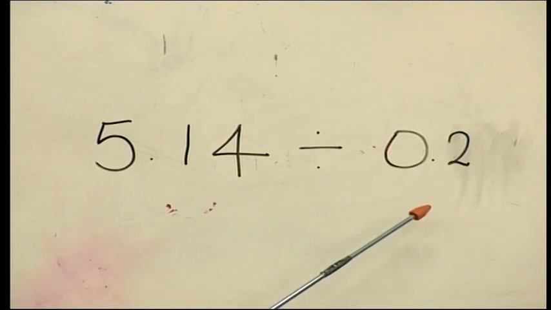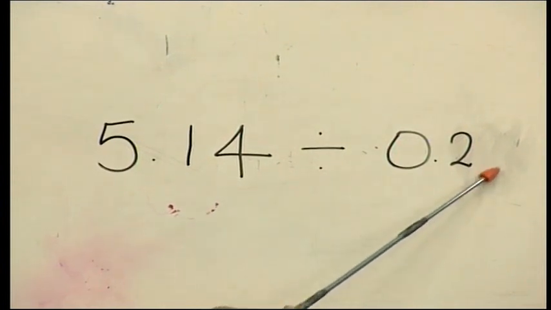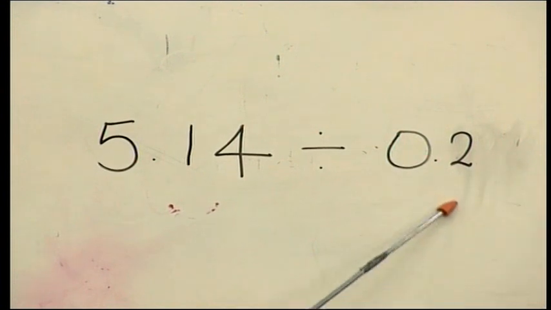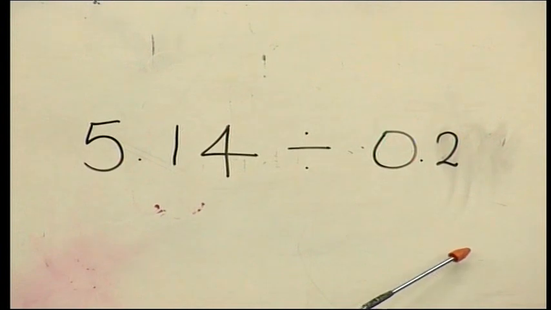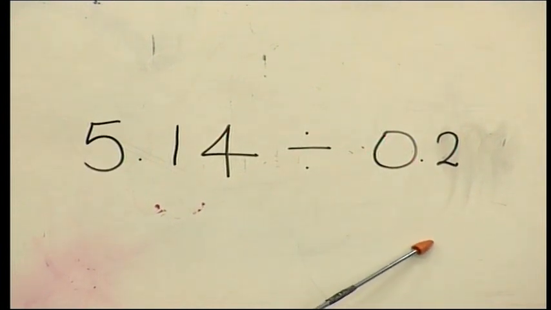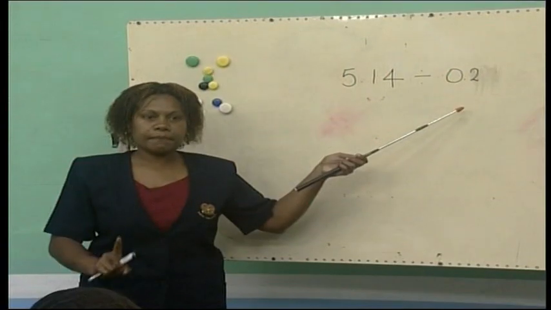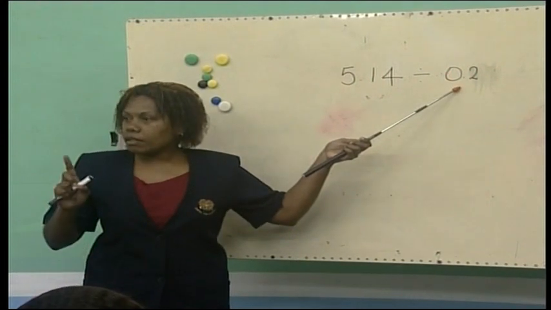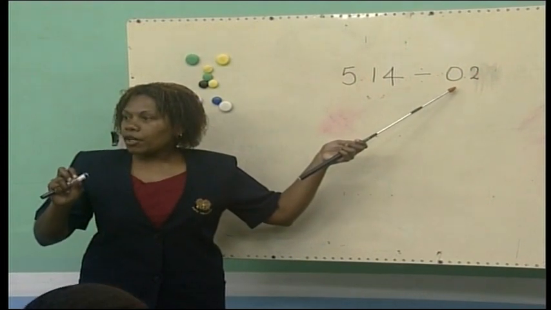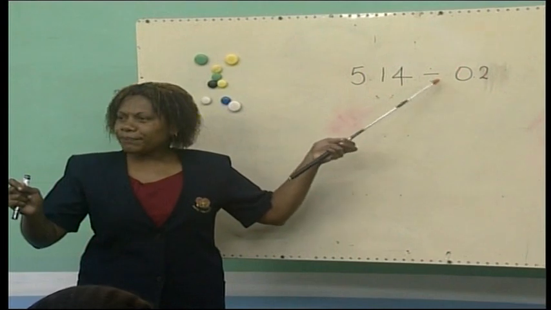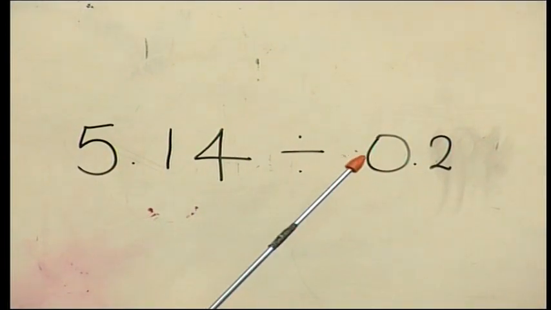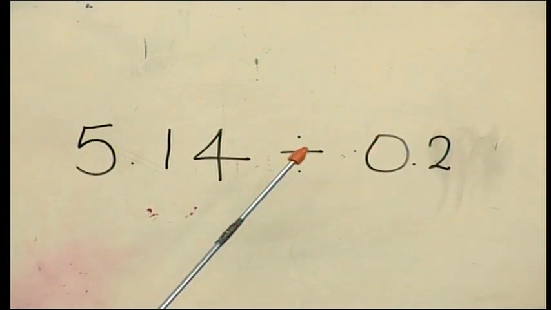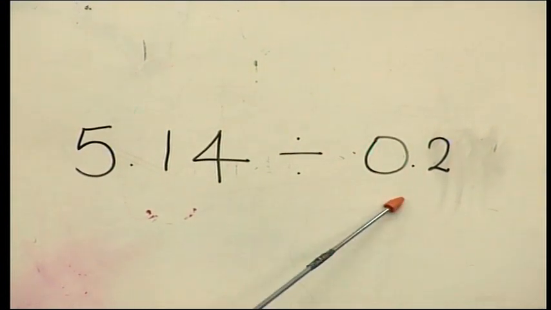Now, firstly, you look at the divisor, okay, 0.2. What are you going to do with 0.2? In order to divide the 2 decimal numbers, firstly, you have to do something. The first step, all right, Evelyn, you tell the class, what is the first step that you will have to do?